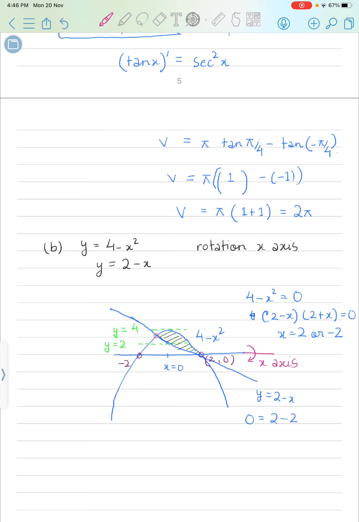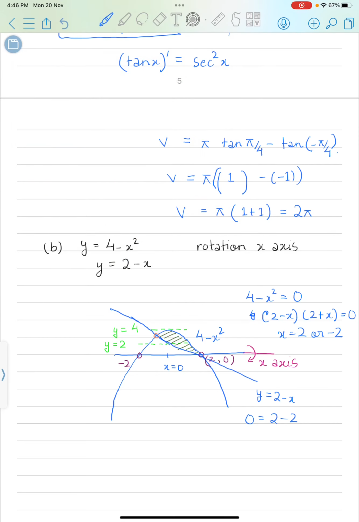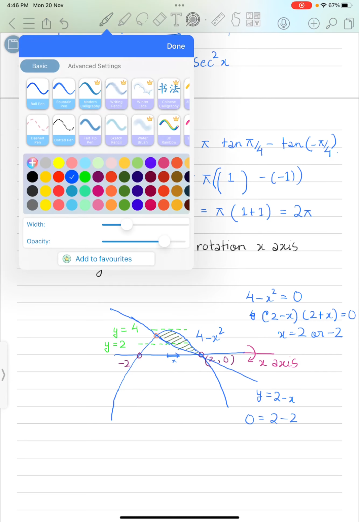So the same thing, we are going to take x distance. Let's go x distance here, and then we will take a cross sectional area.